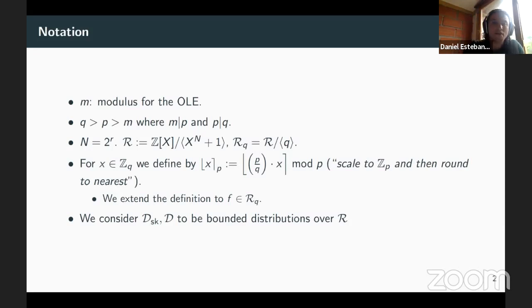We also have the polynomial ring modulo x to the n plus 1, where n is a power of 2. This is widely used in lattice-based cryptography.